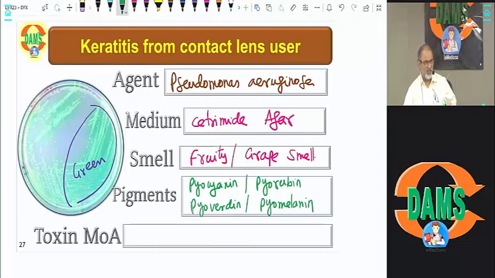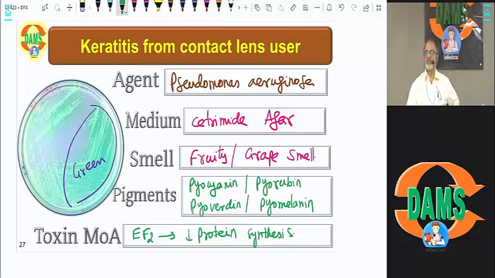What is the mechanism of action of the toxin? This toxin acts like diphtheria toxin, acting on elongation factor to inhibit protein synthesis.